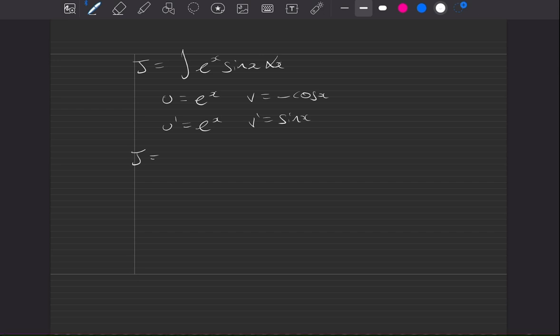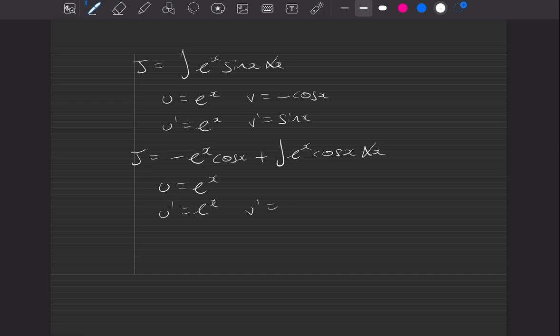So our integral j is equal to u times v, so minus e to the x cos x. Take away the integral of u dash v. So e to the x times by the negative makes that a positive. Cosine of x, all with respect to x. Doing by parts again, we'll get u, same thing as before, e to the x. So u dash is e to the x.